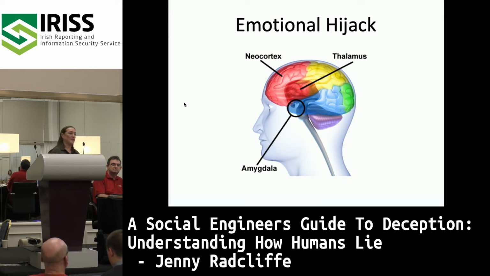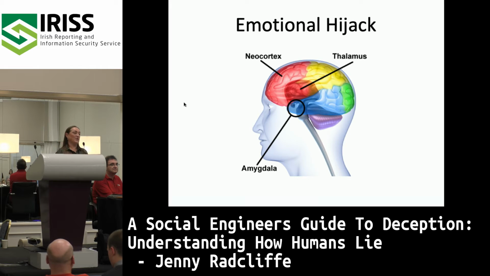We use it in social engineering because if we can get someone into an emotional state, we can override the neocortex, which is actually your thinking brain, okay? The thalamus processes visual and audio signals coming in from that automatic system, and passes them through to the rest of the brain.